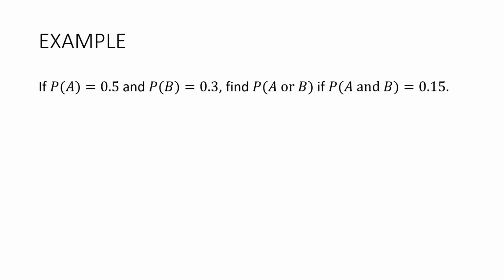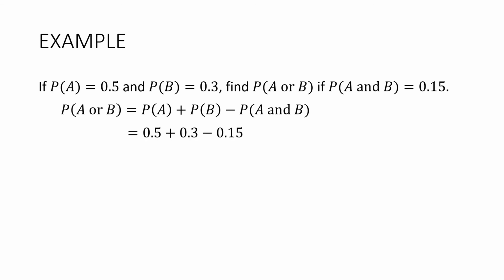They're not mutually exclusive. Do you know why? Because this is not equal to 0, so there is an overlap. We need to use the full formula. We substitute in: probability of A is 0.5, probability of B is 0.3, probability of A and B is 0.15. Put it in the calculator, we get 0.65.